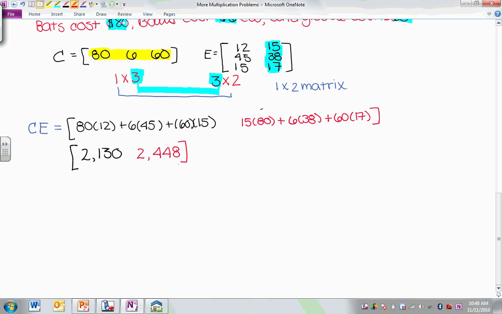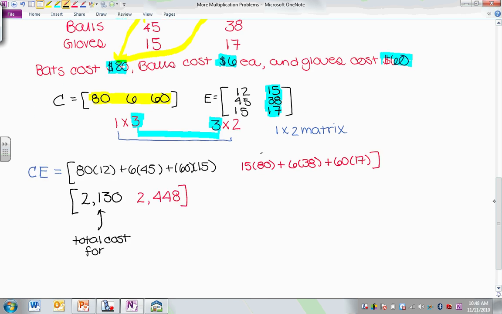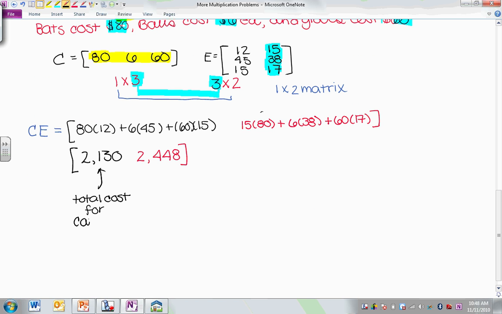What ended up happening is that this is the total cost for who was in that first row. I forgot, was it Cardinals? And this ended up being the total cost for the Blue Jays.